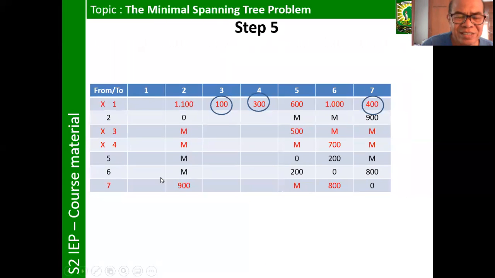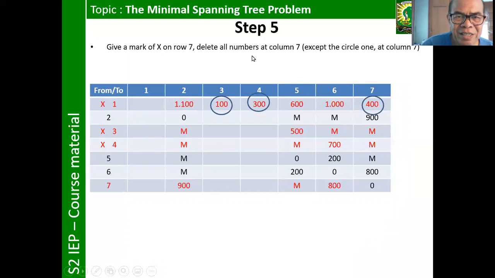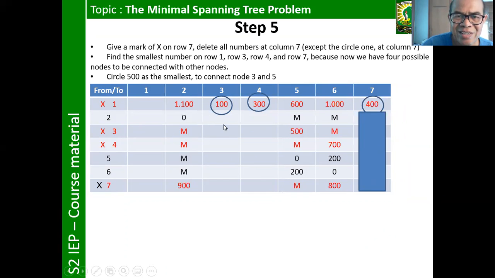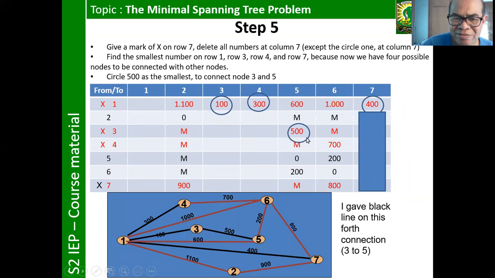We continue again with a similar step. Now we have 7 here. Mark 7, then delete all numbers in column 7. Find the smallest one from rows 1, 3, 4, and 7. 500 is the smallest among these 4 rows, connecting node 3 to 5.